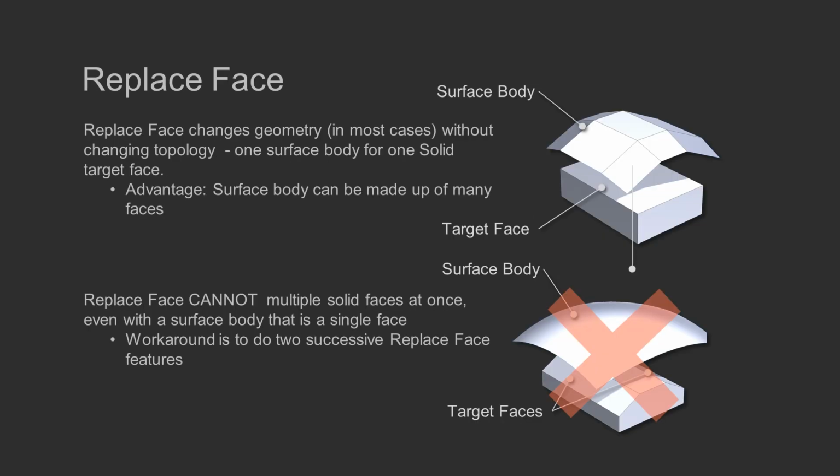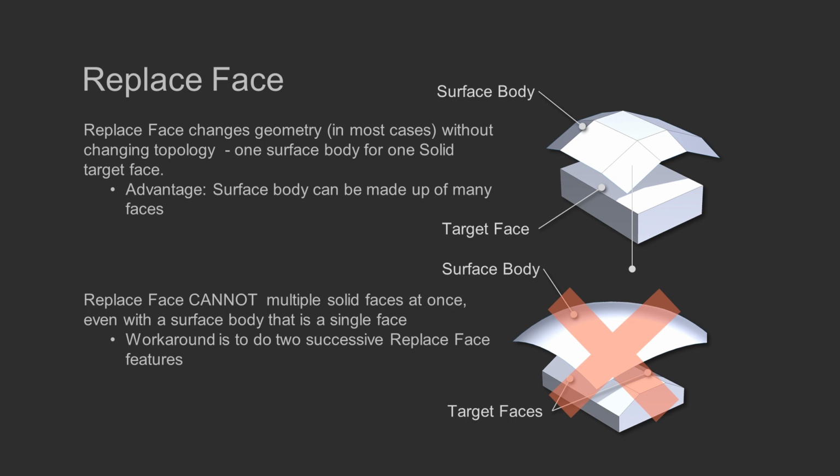So replace face generally is used when you want to change the geometry of a part, but without changing the topology. So for instance, in this upper example, you have a surface body that you created, and you want to replace a face of the model, that is the top face of this box, with that surface body.